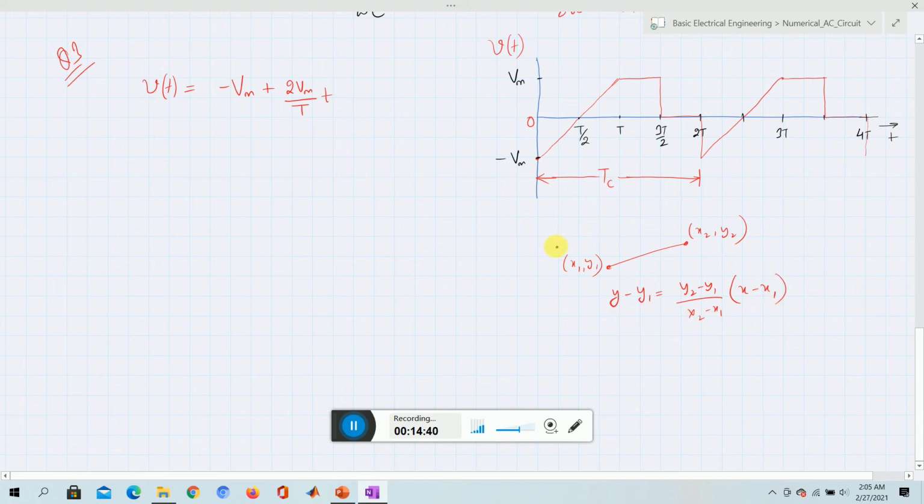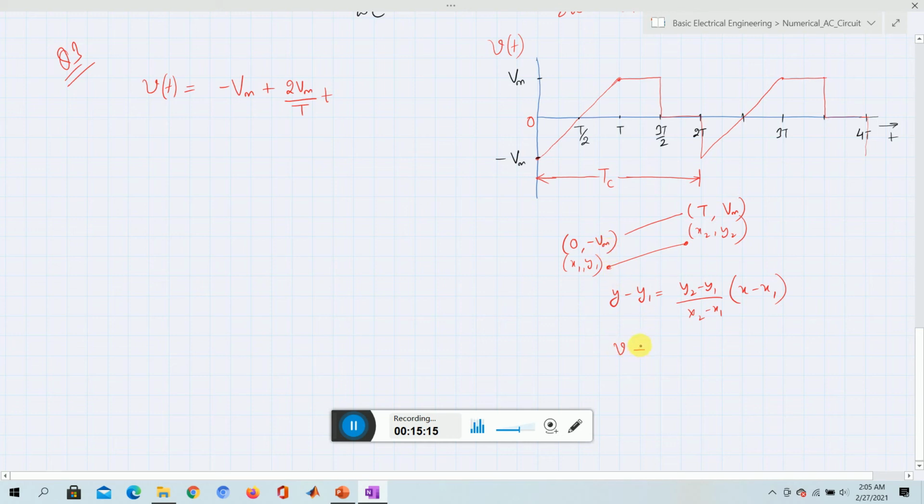So here x1 is 0, y1 is minus Vm. Here x2 is T and the y component is Vm. So I have got these two values now. I am using the y term as the v term. So we can write v minus v1.